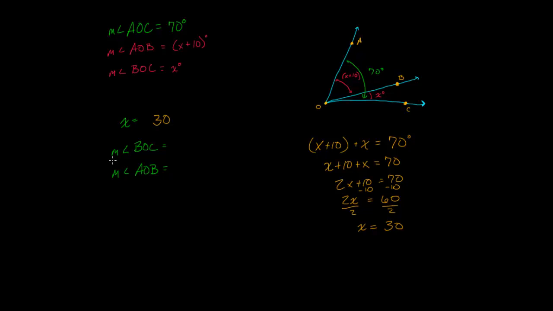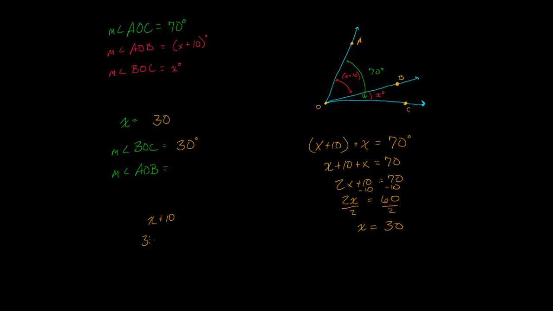Now it wants to know the measure. Now as we're talking about measures, this x is just 30. That's fine. Now this will need to be in degrees. BOC equals x, so we know that we can say it is 30 degrees. Make sure you have the symbol. We need the syntax correct. Now the measure of angle AOB is an x plus a 10. So I'm going to come down here, I'm going to say x plus 10.